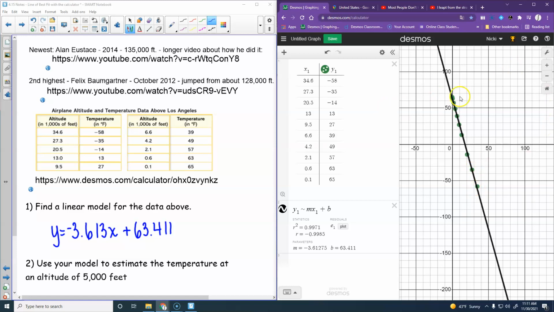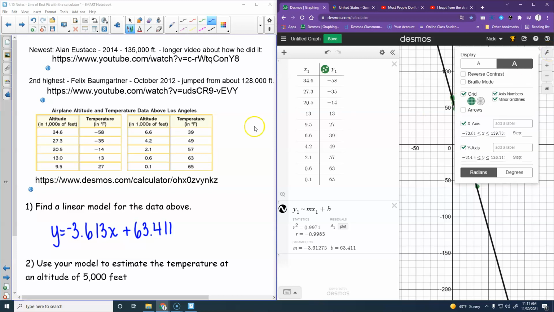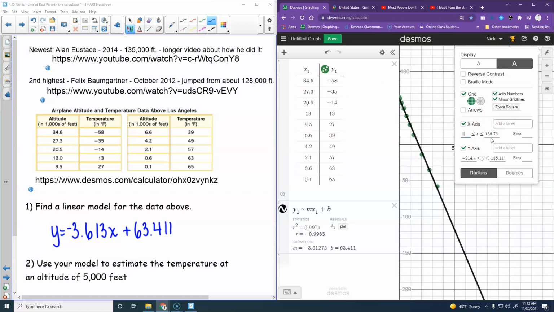So the best thing to do to get a good picture here is you're going to hit the wrench. For our x's, what's our lowest number? 0.1. What's our highest? 34.6. So right here for the x-axis, I'm just going to use 0 and 35.